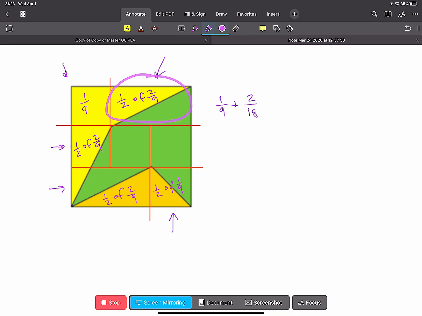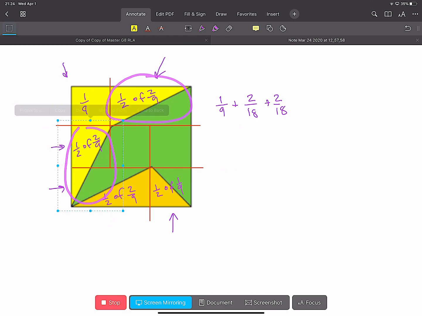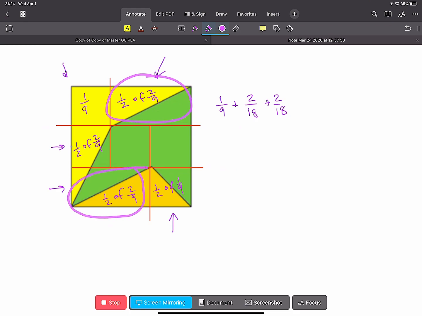We're going to add to it that part that was over there. That was 2/18. Then we're going to add to it the orange section there. That's another 2/18. And finally, this square here, that's 1/2 of 1/9, which is 1/18.